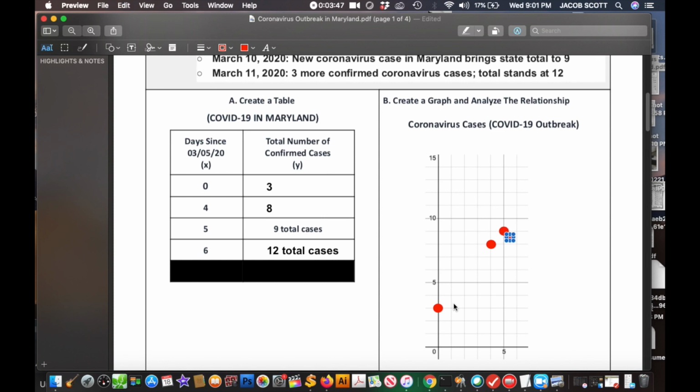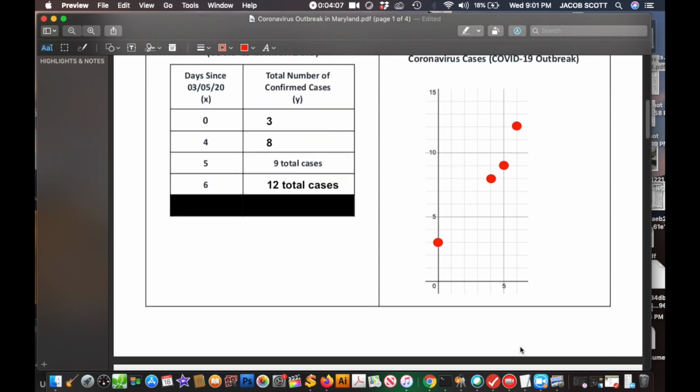And then for 6, there were 12. So there's 6, and I'm going to go up to 12. Okay, these are the points that were produced by raw data, okay?